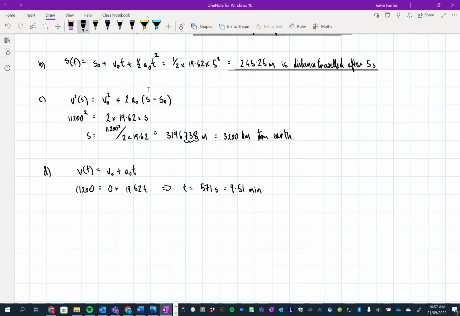So what have we actually calculated here? After takeoff, the rocket will reach escape velocity.